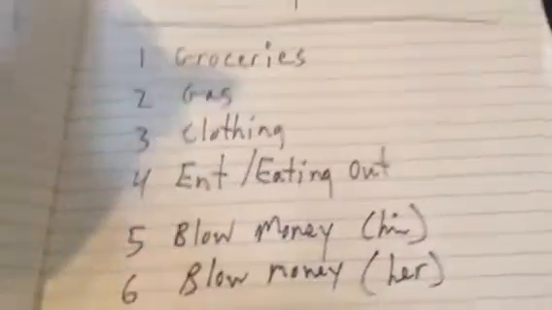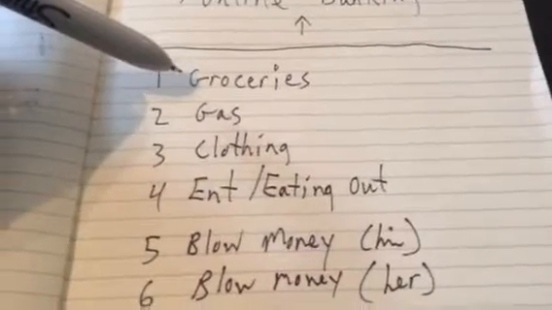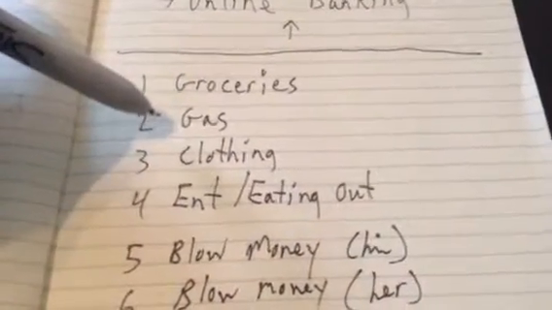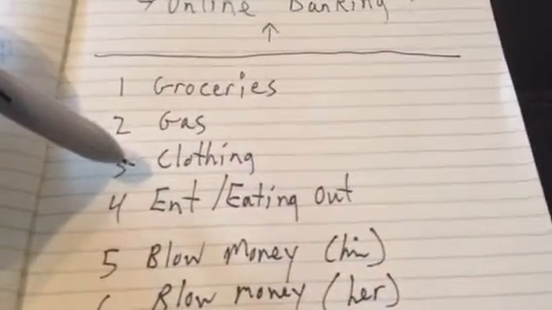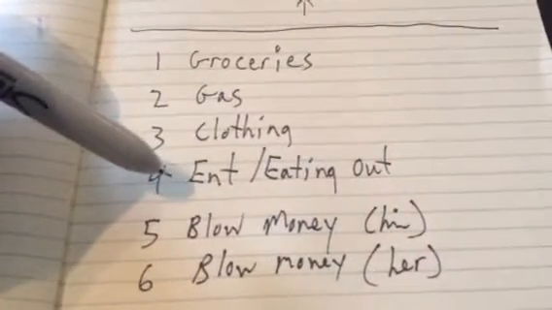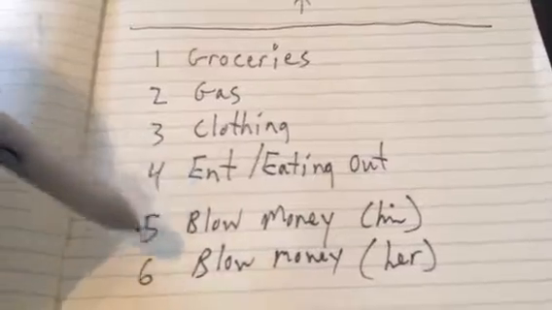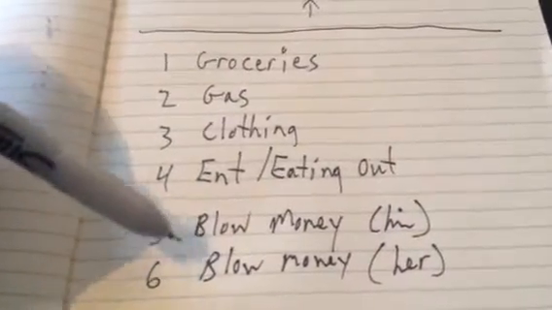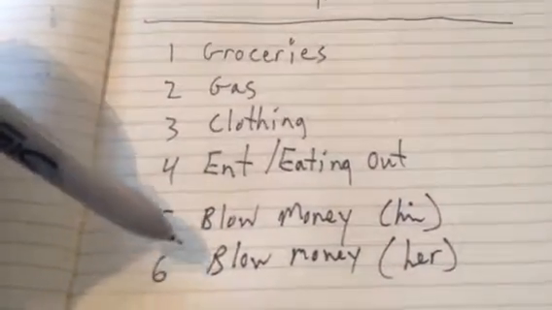Your first paycheck, divide up everything into what you need for groceries, what you need for gas, what you need for clothing, what you need for eating out if you're going out on a date with your spouse or significant other, and then your blow money. Just figure out what you think you would spend over the next 2 weeks.